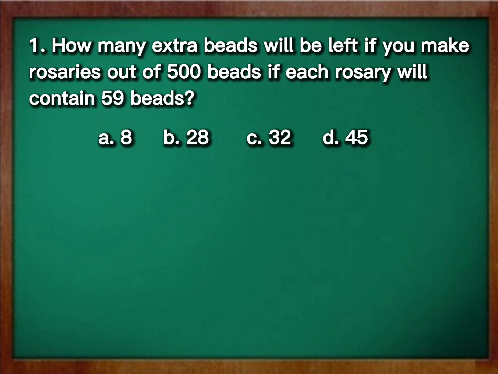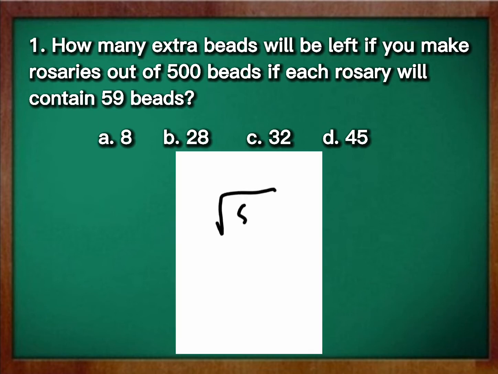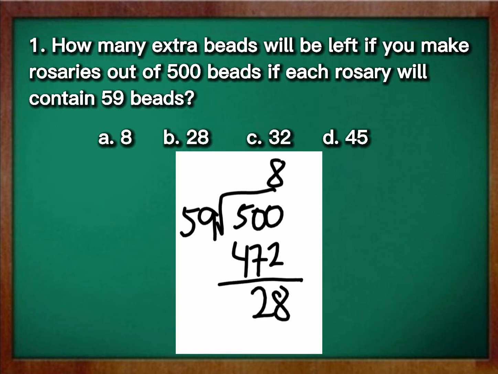So, simply divide 500 by 59 so we can get the remainder. In the given problem, out of 500 beads, there are 8 groups and 28 of which are the extra beads. So the answer is 28.